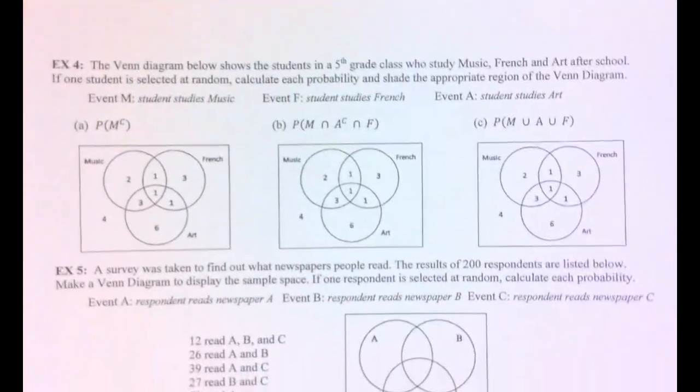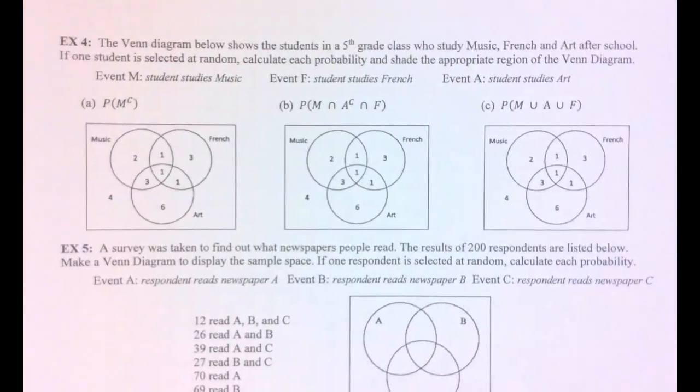All right, so here I wanted to circle back to this new variation of Venn diagram where we're looking at the intersections and the unions of three things. So here we're looking at a Venn diagram that shows students in a 5th grade class who study music, French, and art after school. If one student is selected at random, calculate each probability and shade the appropriate region of the Venn diagram.